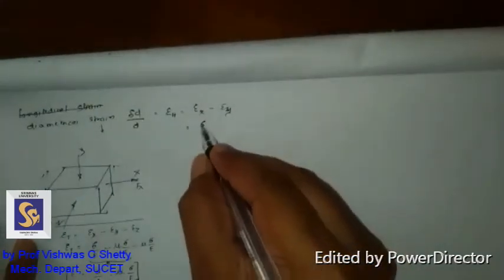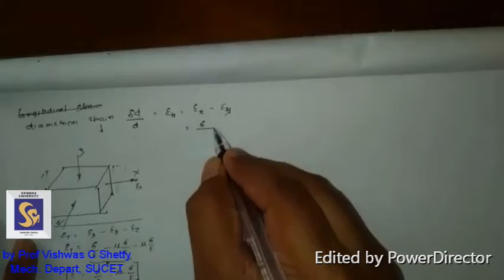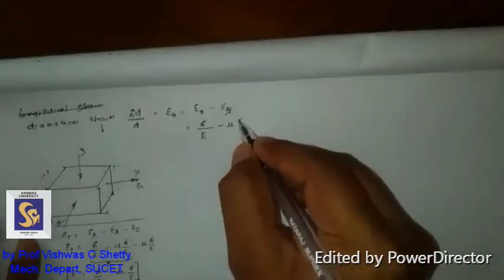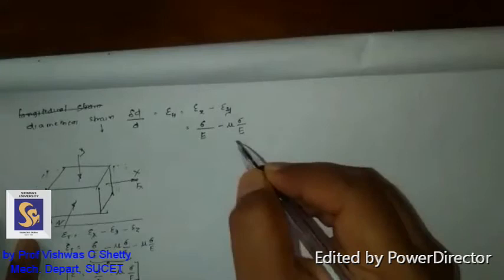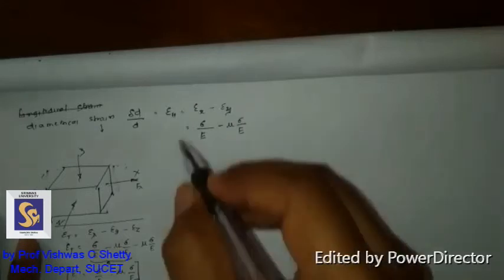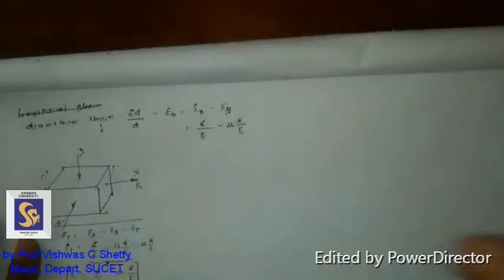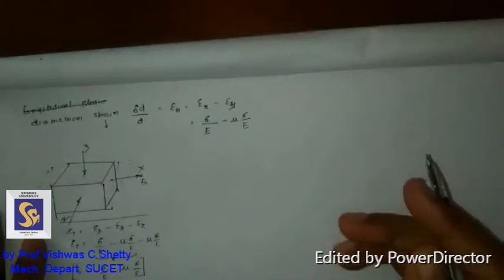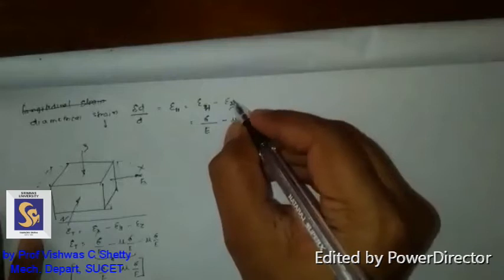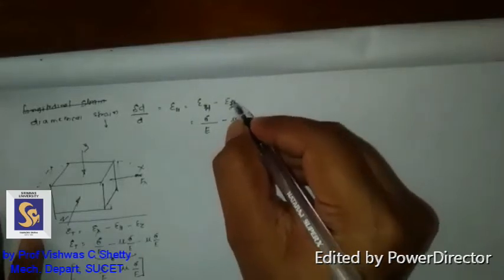In that case, in x direction it will be stress upon Young's modulus, and then in y direction as well. You can consider this strain as hoop strain and this the longitudinal direction.